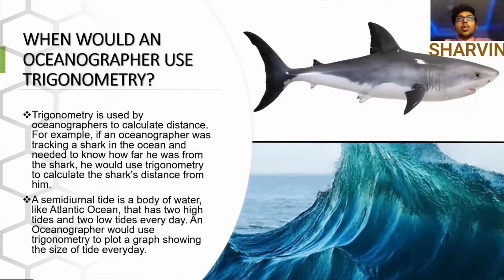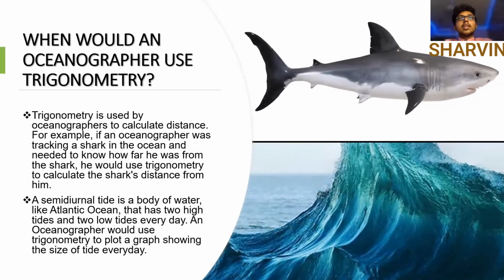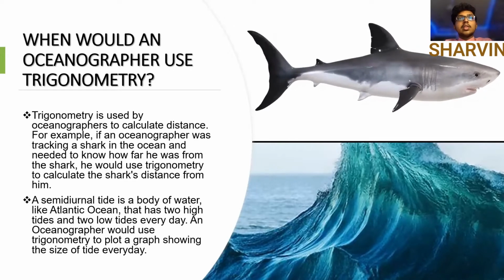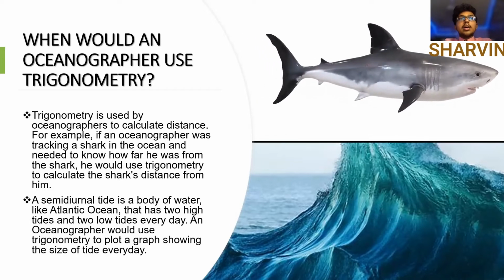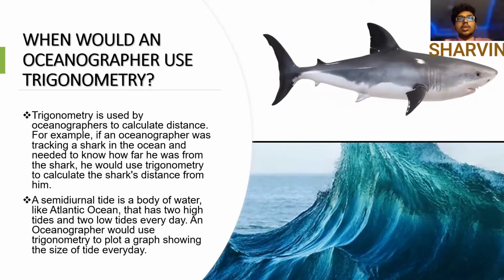Next, let's see when an oceanographer will use trigonometry. Trigonometry is used by oceanographers to calculate distance. For example, if an oceanographer was tracking a shark in the ocean and needed to know how far he was from the shark, he would use trigonometry to calculate the shark's distance from him. Another example is a semi-diurnal tide, in a body of water like the Atlantic Ocean, that has two high tides and two low tides every day.